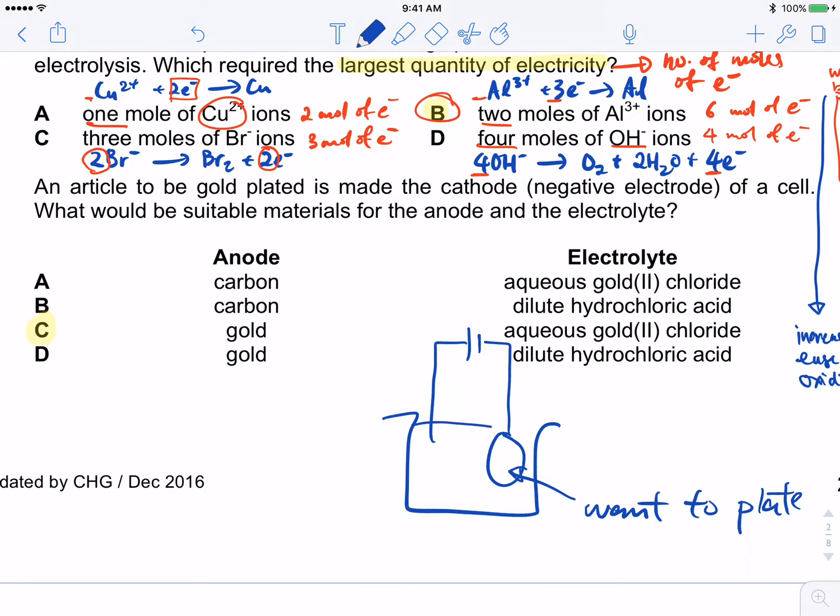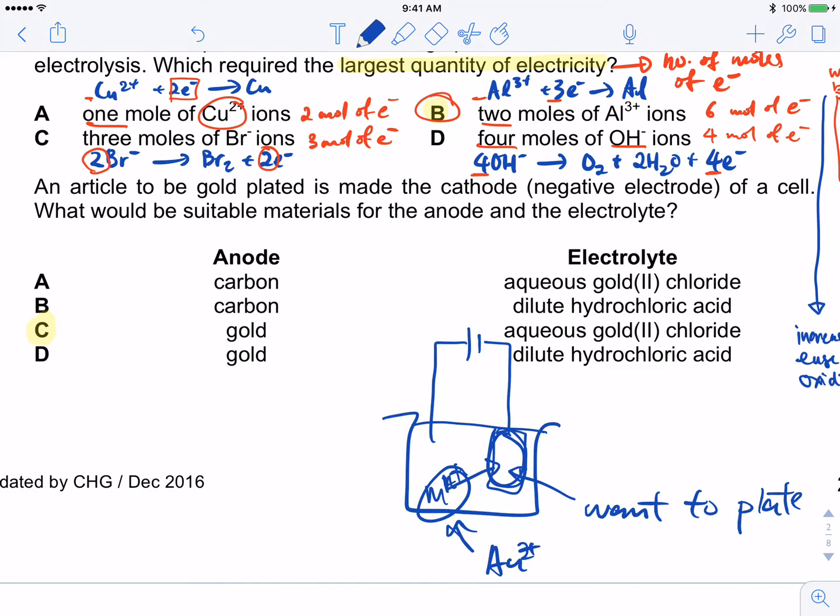Why is that so? It's because your metal cation can be reduced to the metal on the negative terminal. Since you want to plate it with gold, this metal must of course be gold, in this case gold 2+.